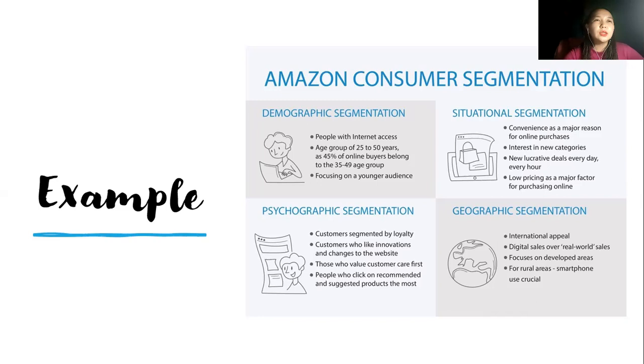Okay. Situational segmentation: convenience a major reason for online purchase, interest in categories, few lucrative deals every day, every hour, low pricing as a major factor for purchasing online. I think hindi to behavioral, pero I think this is another type ng situation na kasi parang contingency na depending on the situation.